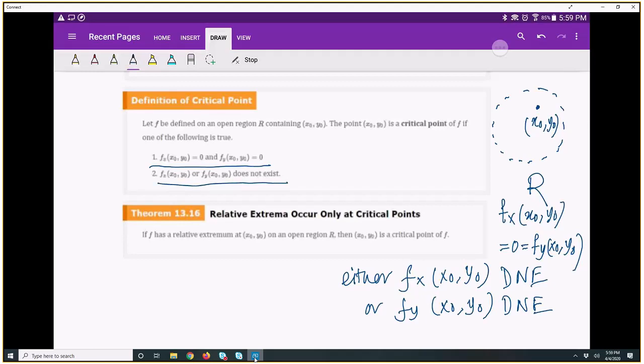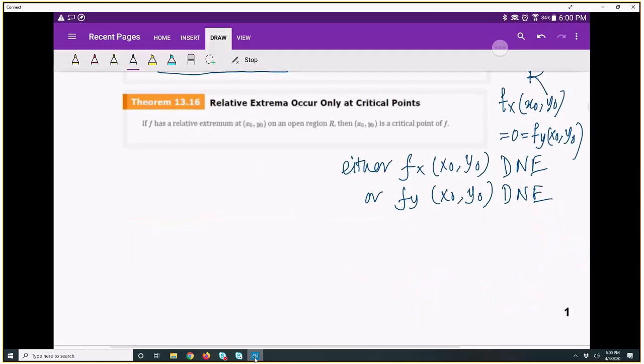So the first condition says that both partials have to be 0 in order for the point x0, y0 to be a critical point. But the second condition says as long as one of fx or fy does not exist at the point x0, y0, my function will have a critical point at the point x0, y0.